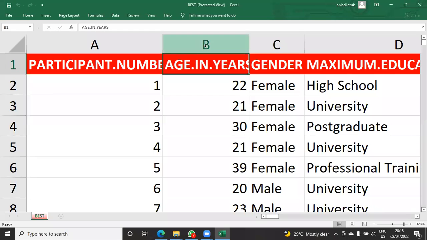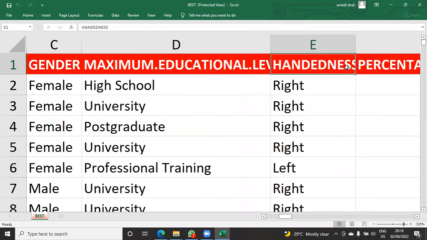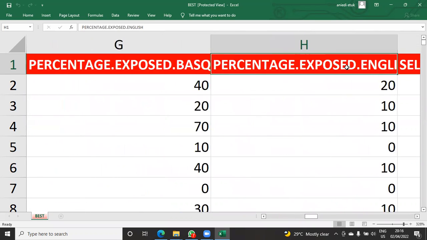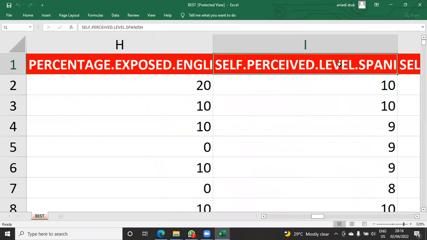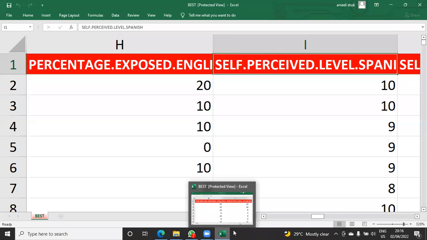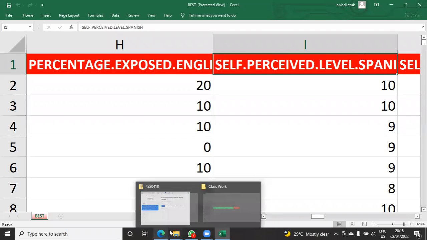Column B has a variable, age in years. Column C has a variable called gender. This column has a variable called maximum educational level. These are the several variables collected in the data. Now, this is a typical data set.